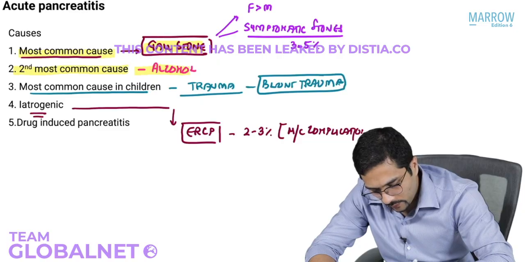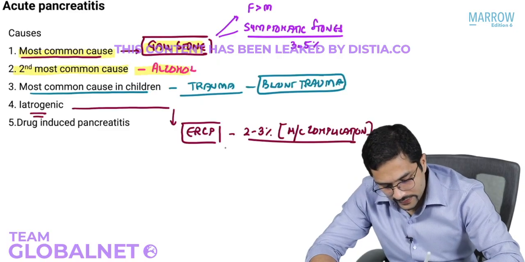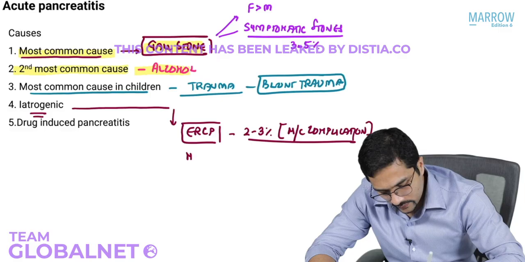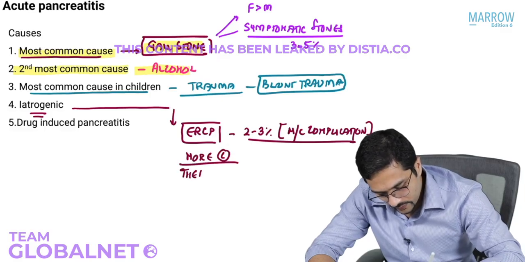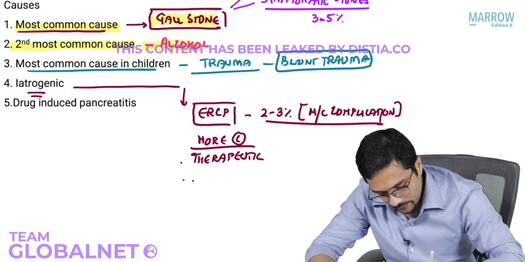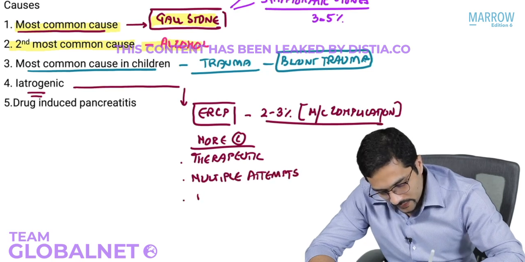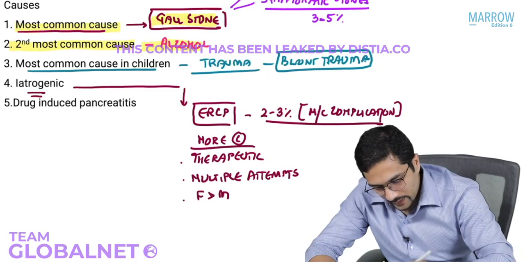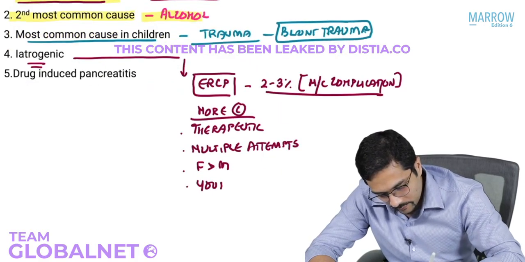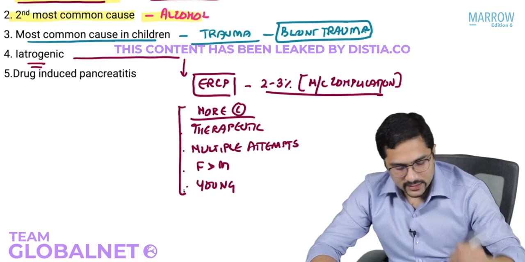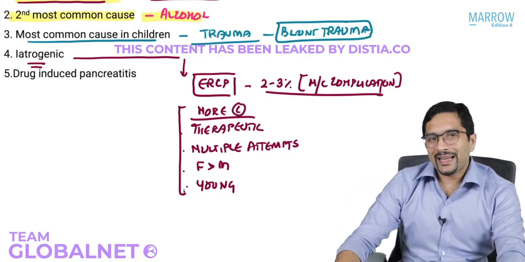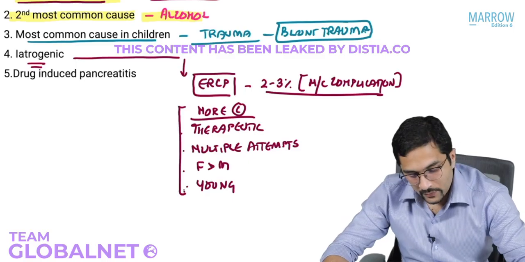And it has been seen this is more common if it is a therapeutic ERCP, if multiple attempts of cannulation are made, and it is more common in females as compared to males and commonly seen in young patients, right? So these are the points with ERCP-induced pancreatitis which you should know about.